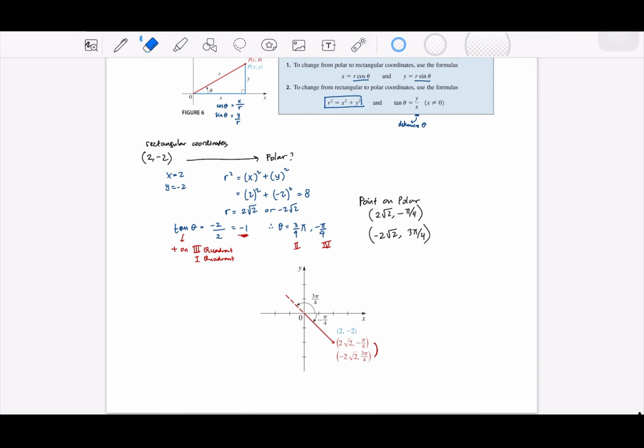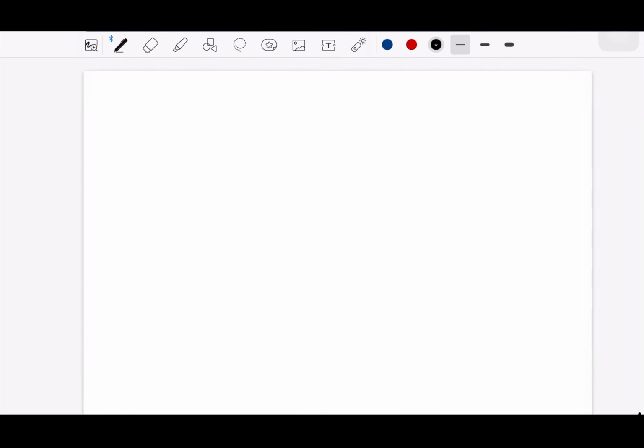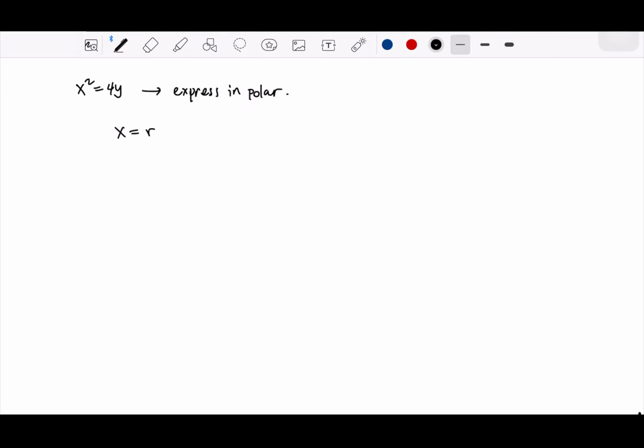Okay, another example. If we have x squared equals 4y, we have this equation, and we want to express it in polar. So we could take this and substitute r cos theta for x, and r sin theta for y.